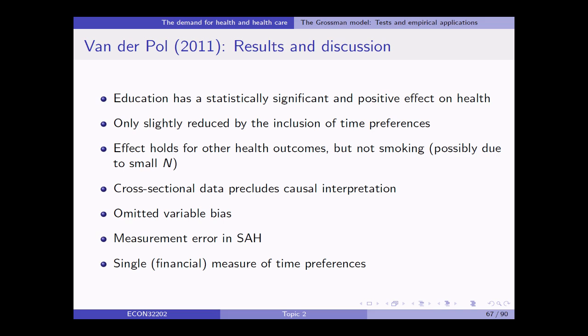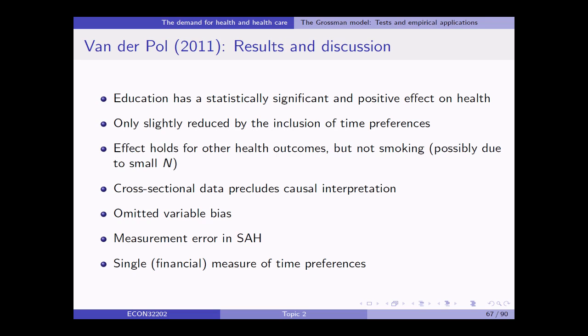Self-assessed health, as we've said, has its fans and its critics. There is measurement error in it, particularly with cross-sectional data. So it's at one point in time. You don't know what people are using to benchmark the answers to this question. And a final critique, obviously there are many, many more, but a final critique from me is that this is a single financial measure of time preference. There's a lot of evidence to say that people value health much more than they value money.